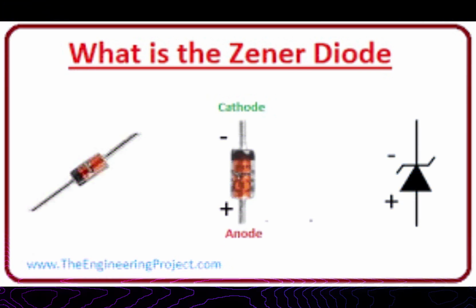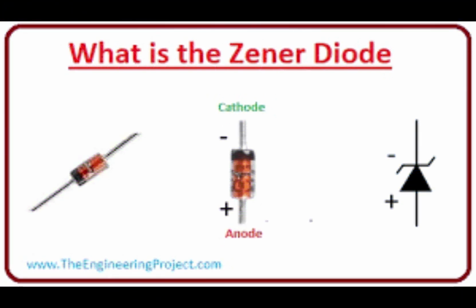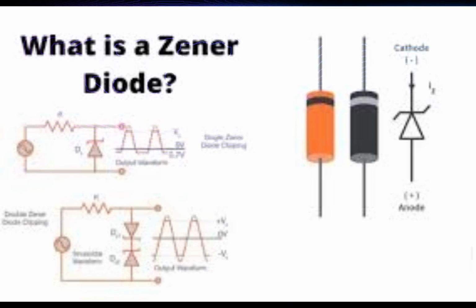Both breakdowns result in the same behavior, and they do not require different circuitry, but each does have a different temperature coefficient. The Zener effect has a negative temperature coefficient, while the avalanche has a positive temperature coefficient.